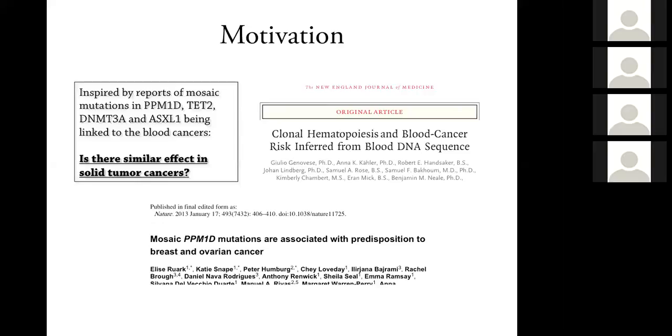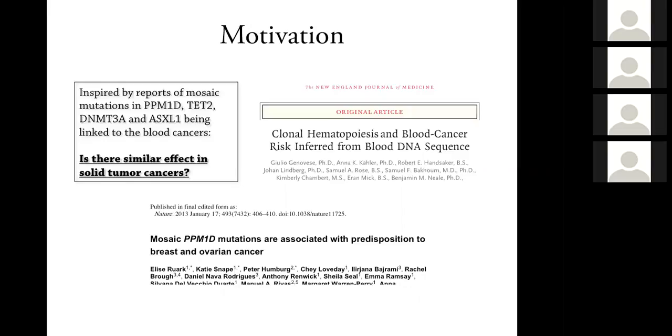What's interesting is that after performing some experimental validation, they observed that changes in the last exon of PPM1D sequence lead to a higher sensitivity to ionizing radiation in mice, trying to suggest the pathway linking the causal role of such mutations in PPM1D. Though nothing has been shown about TET2, DNMT3A, and ASXL1 in that perspective.